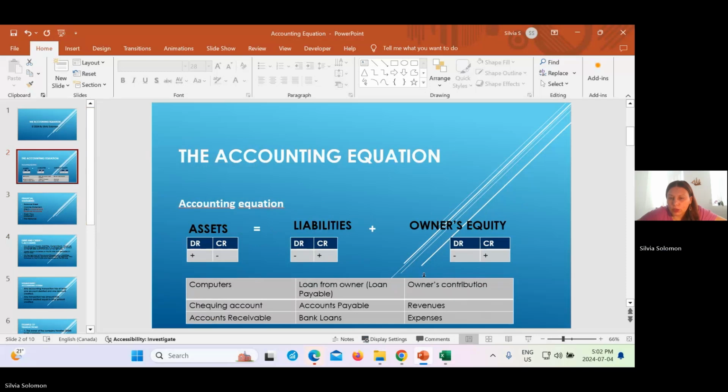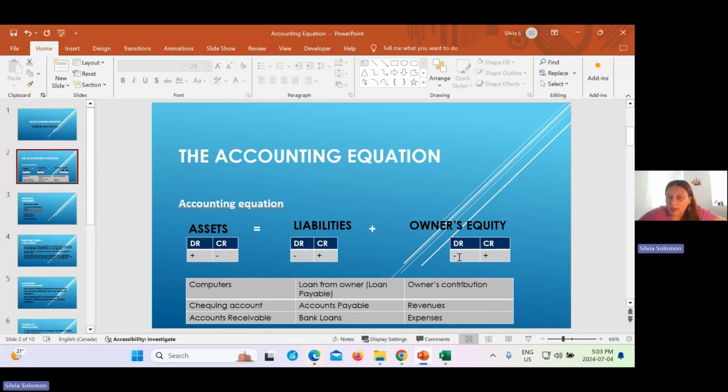So because of this, I'm just going to tell you, but I'm going to show you examples. The revenues, because they are positive things for the owner's equity, behave exactly like the owner's equity account, owner contribution. So if the revenue increases, we credit the revenues. If the revenue decreases, then we debit the revenues.